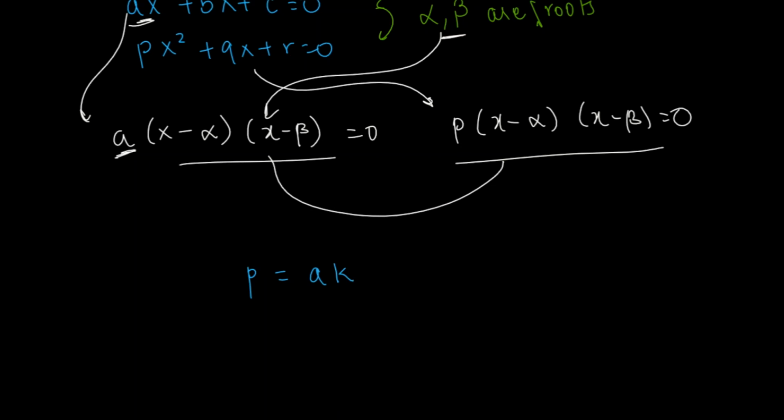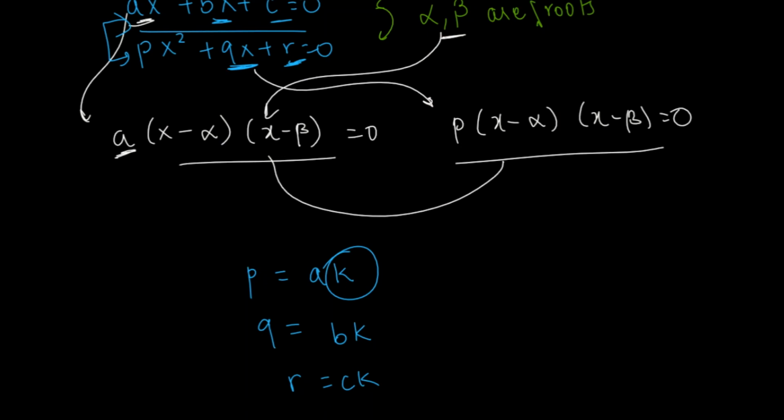If you say it in that way, then you can also derive, and I'll just leave this as an exercise, that q, the second x coefficient, is equal to the same k times b, so bk, and you will also have r equals that same thing, k times c. And this makes sense. This entire equation is just a multiple of the first one, or you could have done, let's say, the other way.